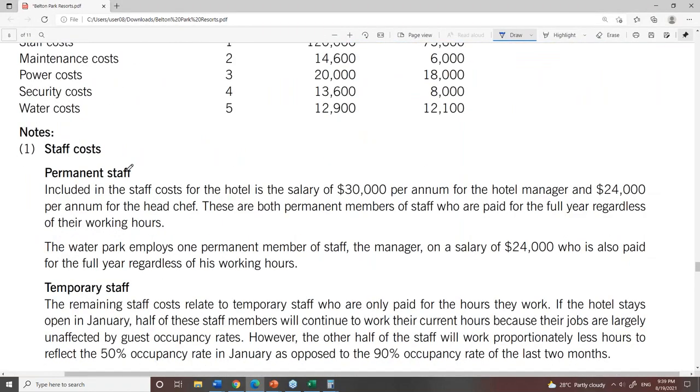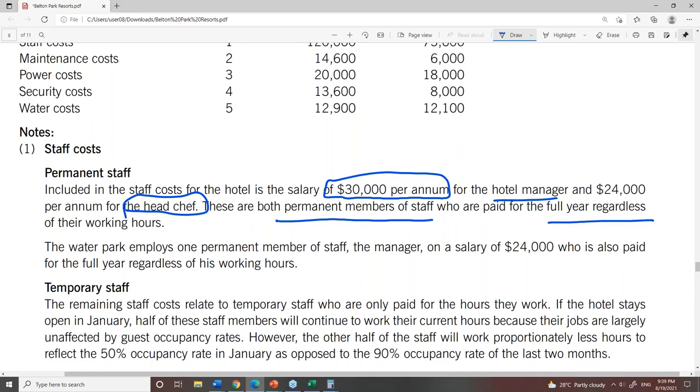Included in the staff cost for the hotel is the salary of 30,000 per annum for the hotel manager, and 20,000 per annum for the head chef. Okay. Getting my point? These are both permanent members of the staff who are paid for the full year regardless of their working hours. So friends, what do you think about this one?